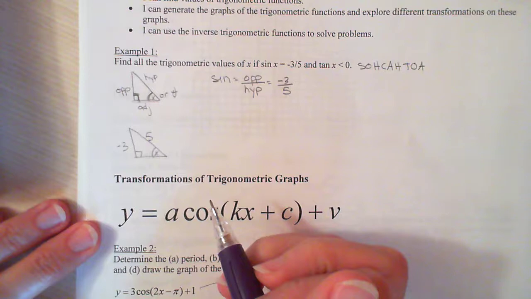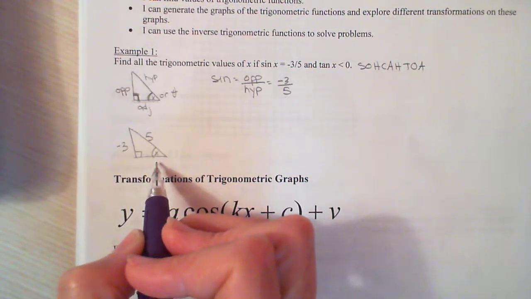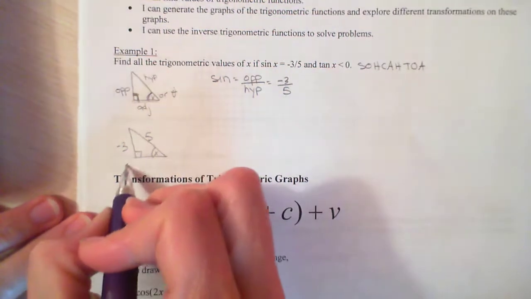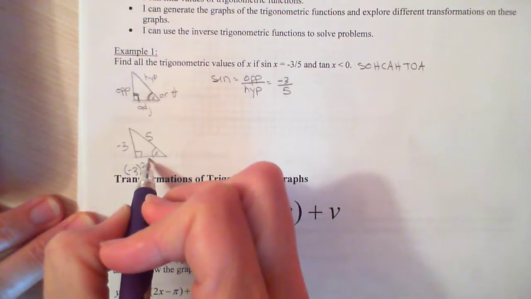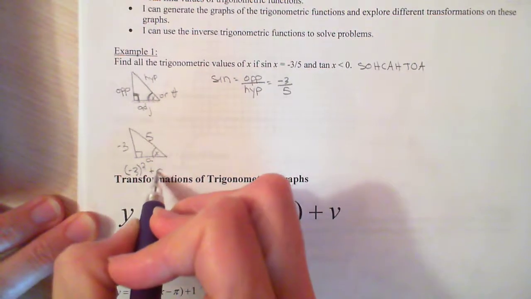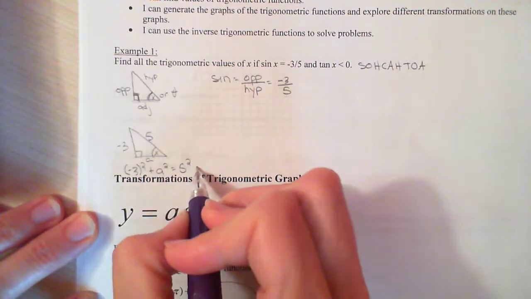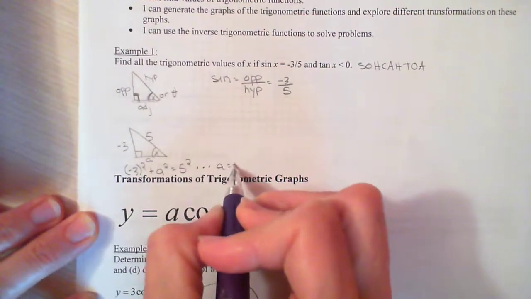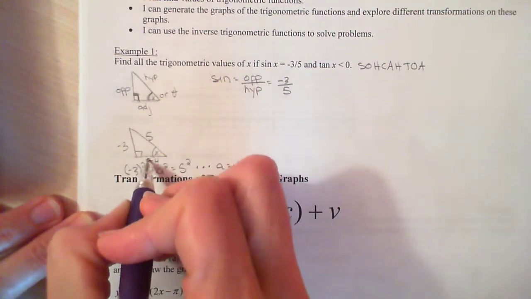Now to find all 6 trigonometric functions, I need this other side. So this is Pythagorean theorem, which would say (-3) squared plus, we'll call this a, a squared equals 5 squared. So if I solve for a, I'm going to get a equals 4. So this side of my triangle is 4.